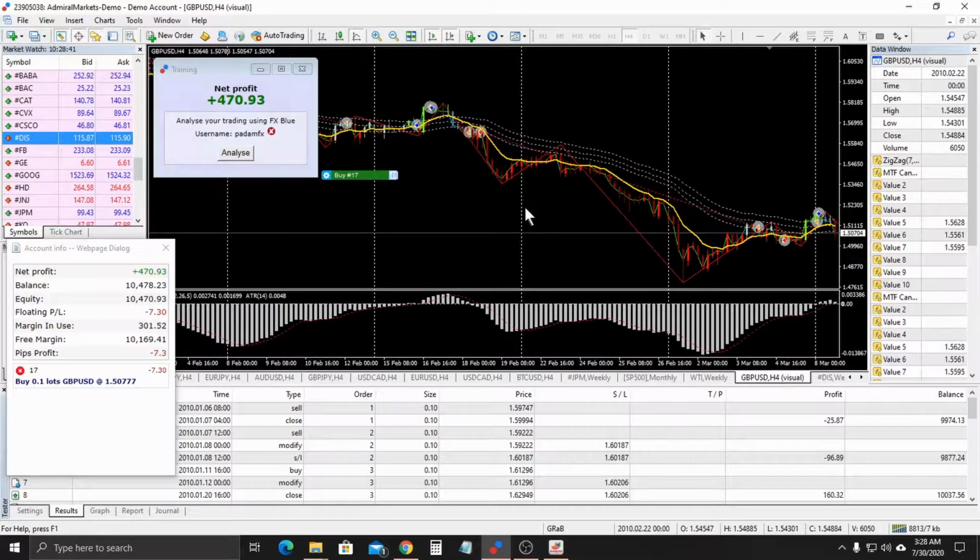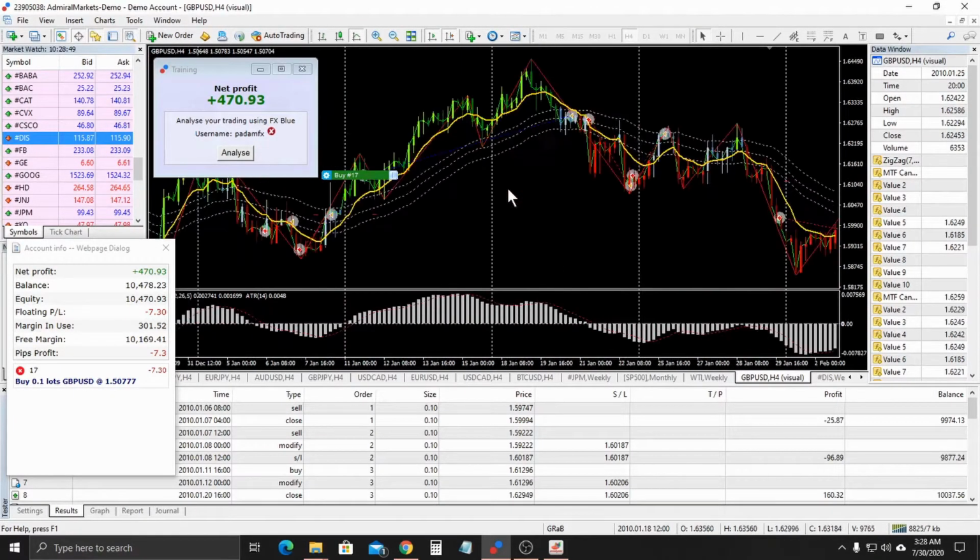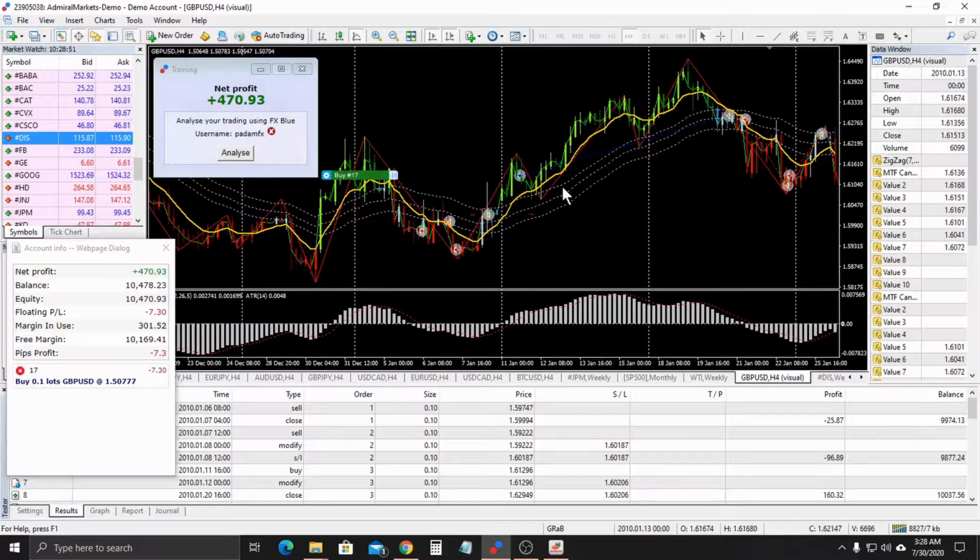As you can see, this here is the 34 EMA wave, and then the candles which color red or green depending on them being above or below.